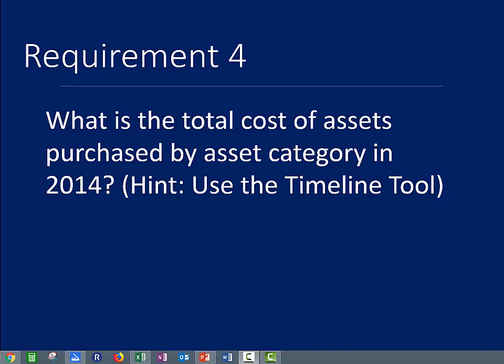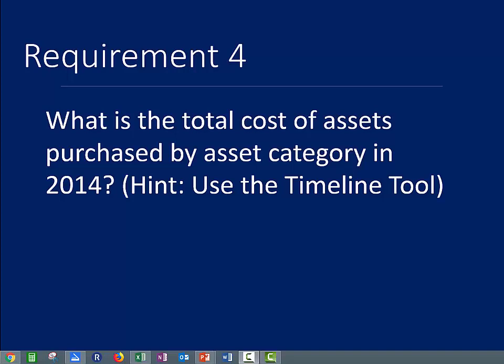In requirement number 4, the client has asked us to determine the total cost of assets purchased by asset category that were purchased in 2014. To do this, we're going to use a new tool. It's similar to the slicer tool, except this is called the timeline tool. In the timeline tool, we'll be able to sort the data by years.